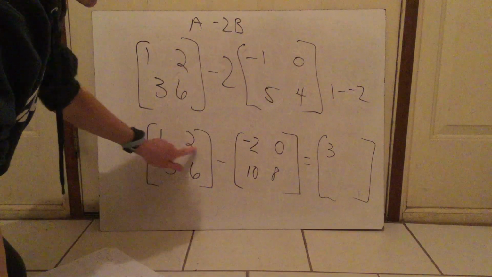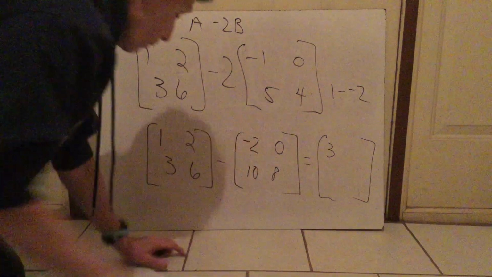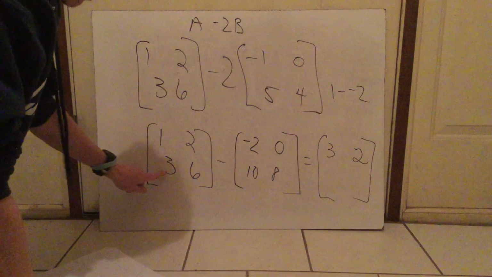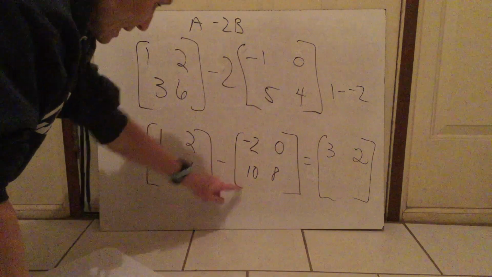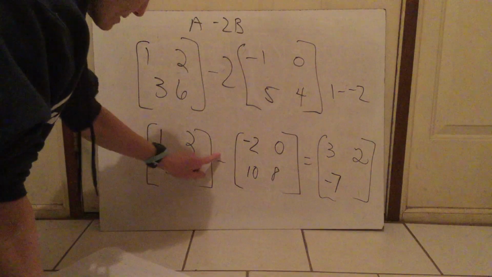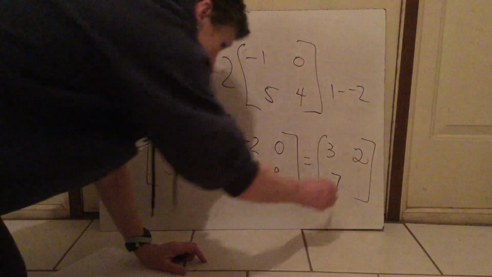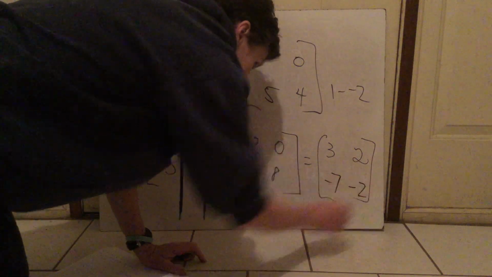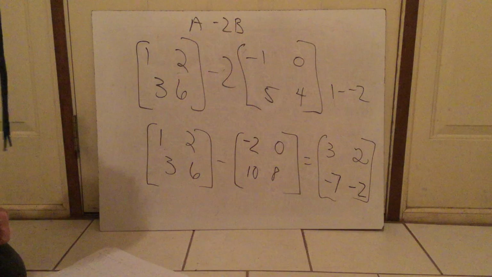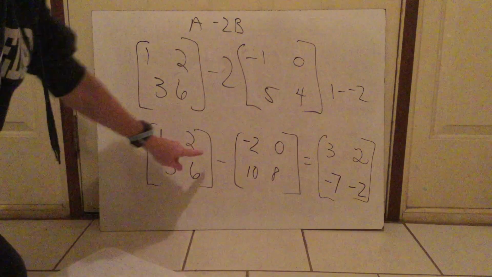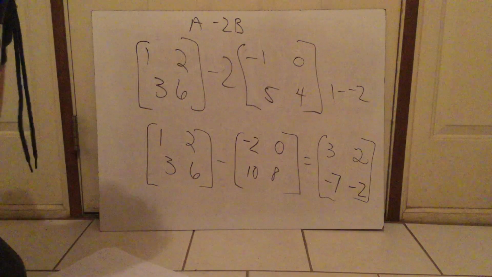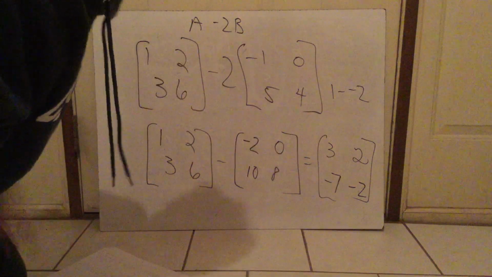And then 2 minus 0. 3 minus 10. And 6 minus 8. So first I distributed the 2, and then I subtracted. And that's our answer right there. That's the answer to the problem.